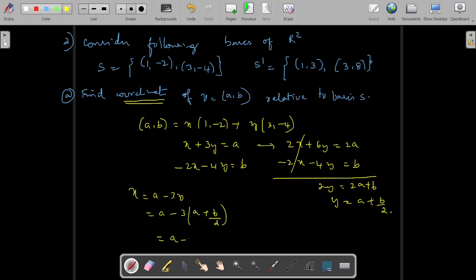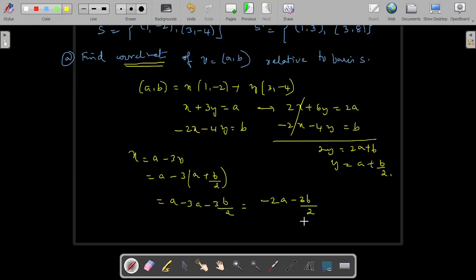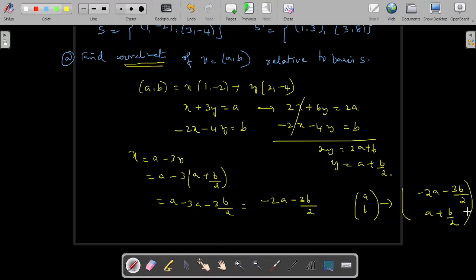That gives you a minus (6a plus 3b)/2, which is equal to (-4a minus 3b)/2. So now you got the coordinates of (a, b) in the new system. These are the coordinates. The same vector is called this in the new coordinate system.